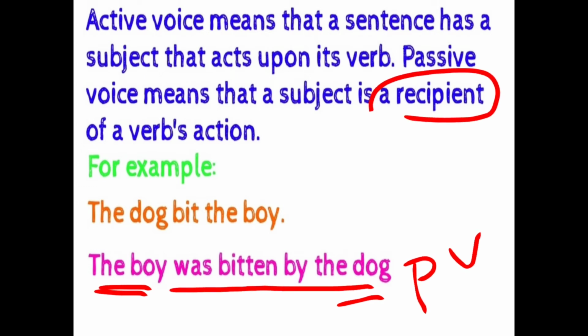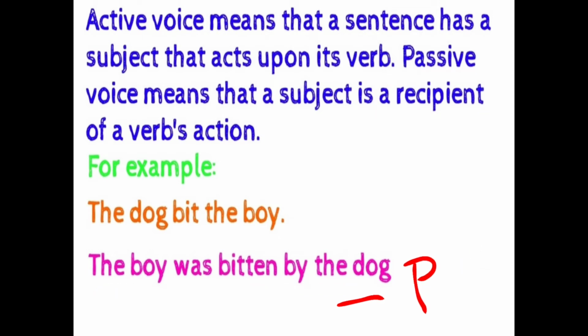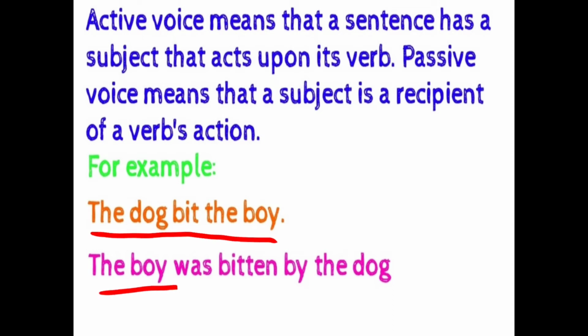Okay, here the boy is the subject, is receiving the action done by the dog, so it is a passive voice. Okay, the difference between active voice and passive voice is, in an active voice the subject is doing the action. Okay, whereas in passive voice the subject is receiving the action.